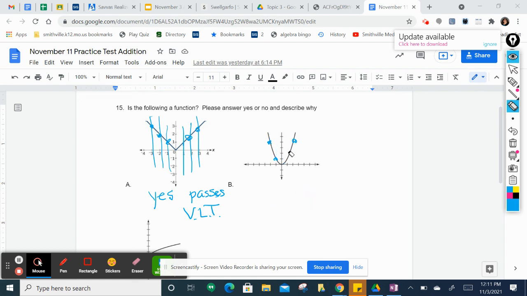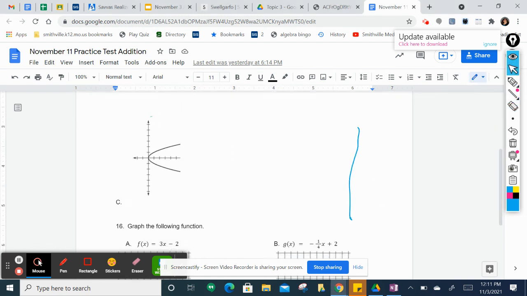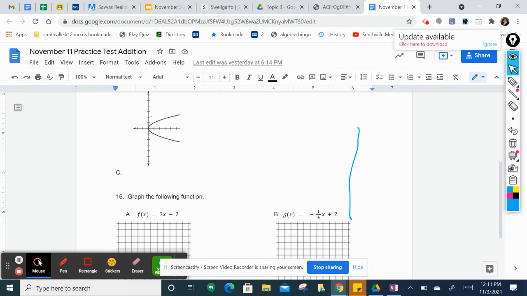All right, finally then we go to problem C. And when we get to C, we see a graph here. And if I test this one using the vertical line test, every one of those lines, it looks like, is passing in more than one spot. So that answer would be a no because it does not pass the vertical line test.